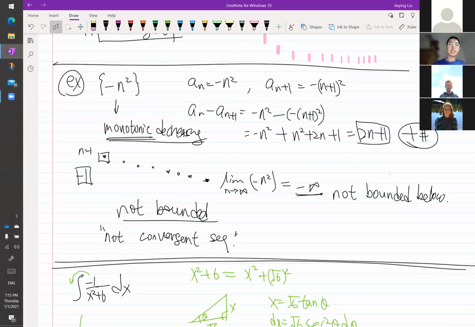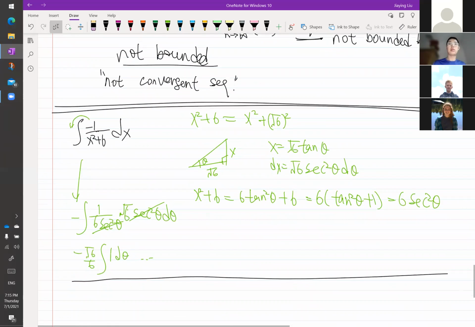So for a monotonic sequence, it's a lot easier to find the lower and the upper bound, because it's either going to be the beginning or the end. That's what I did. I figured out whether it's bounded by finding the lower bound and the upper bound, and then from the monotonicity and the boundedness, I conclude whether it's convergent or not.